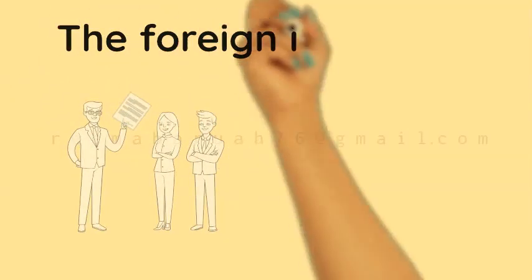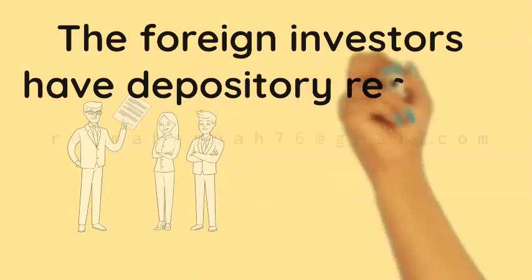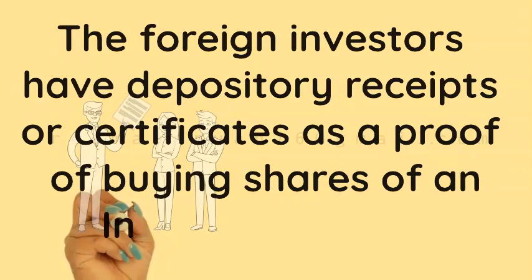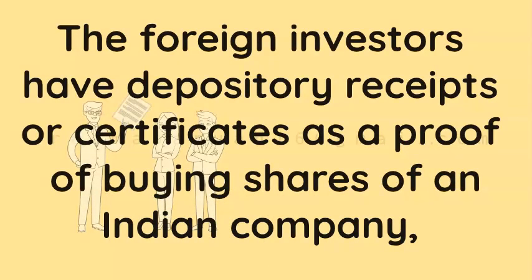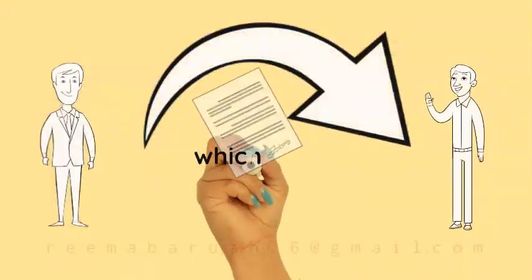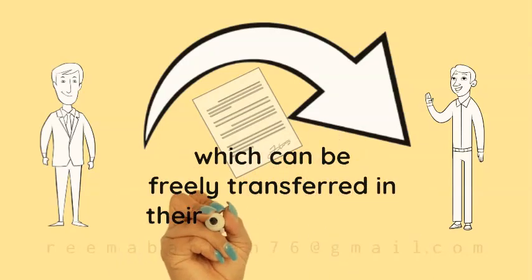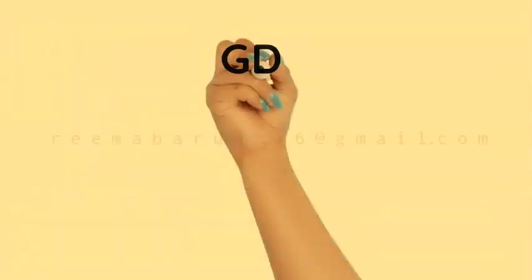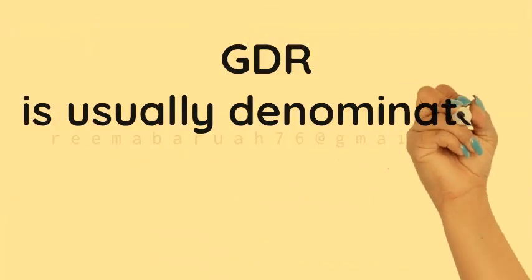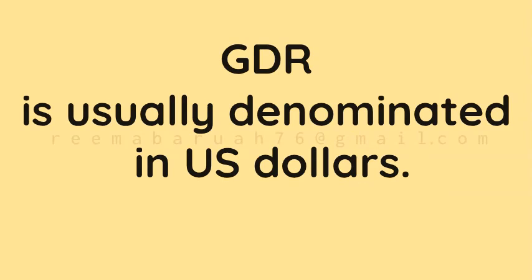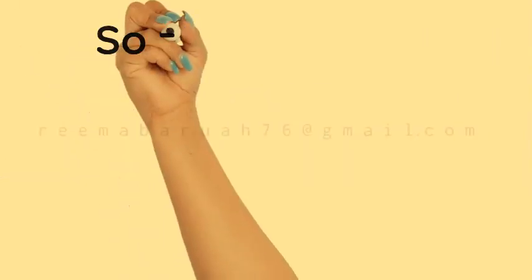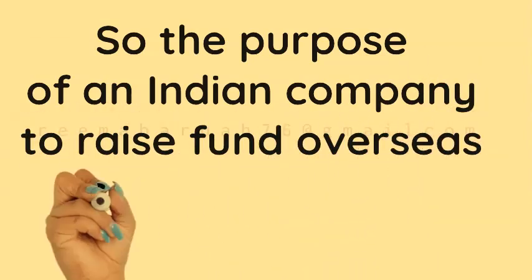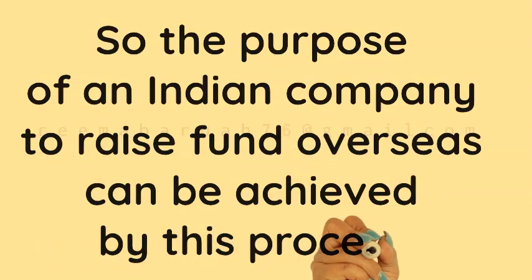The foreign investors have depository receipts or certificate as a proof of buying shares of an Indian company, which can be freely transferred in their stock exchange as a negotiable instrument. GDR is usually denominated in US dollars. So the purpose of an Indian company to raise fund overseas can be achieved by this process.